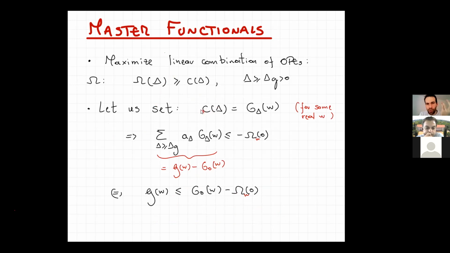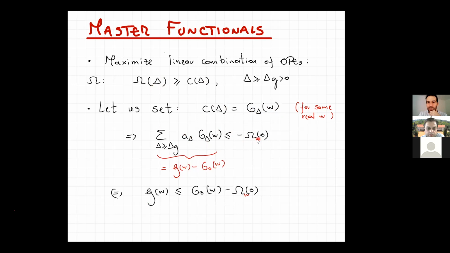So now let us just choose for this cost function. We pick it to be the conformal block evaluated at some point W, which is fixed. So we're going to demand that the functional action on delta is larger than this cost function. The reason why it's a good choice is that the bound that we get is that the sum over the OPE coefficients times this conformal block is smaller or equal than this functional.